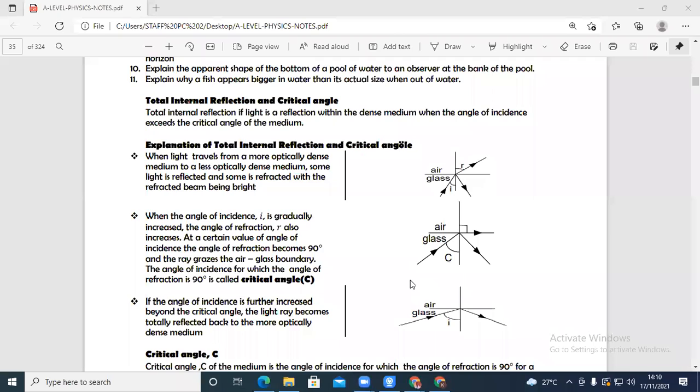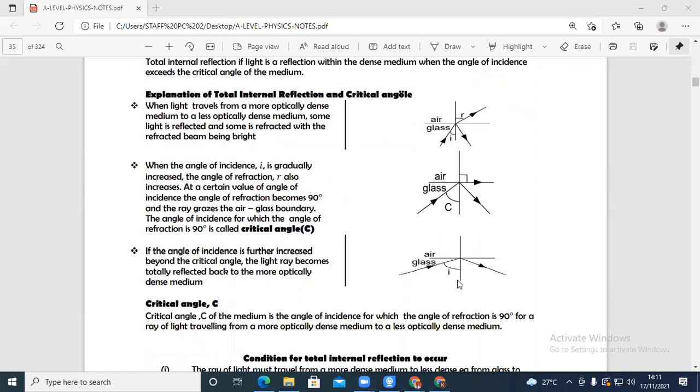So it is a reflection within a dense medium when the angle of incidence in the dense medium exceeds the critical angle. That's what we call total internal reflection. So the ray of light will bounce back into that same medium, causing a reflection within that same medium.